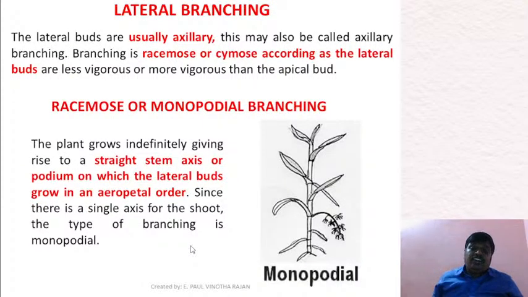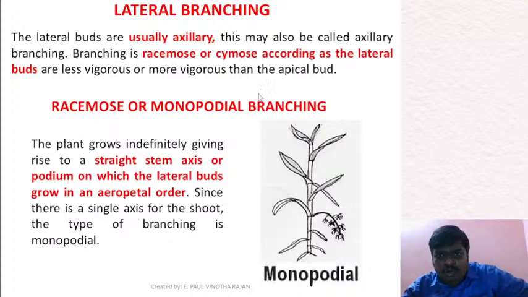And next is lateral branching. These lateral branchings usually arise from the lateral buds. What are lateral buds? Those that are present on the side. They are called racemose or cymose. The racemose are monopodial branching. There will be a straight stem axis on which the lateral buds grow in acropetal order.